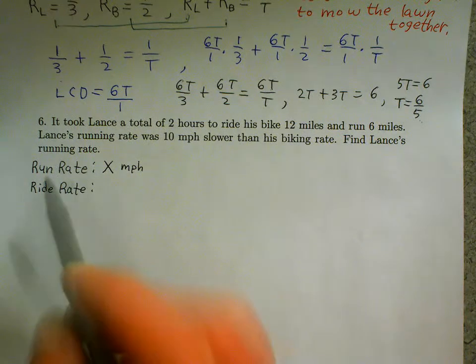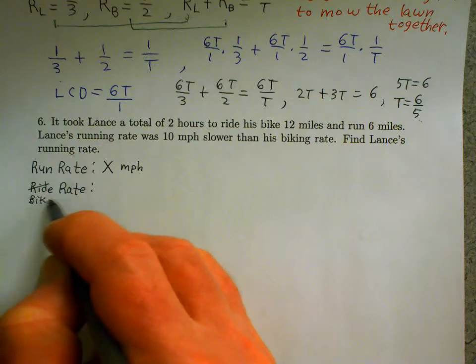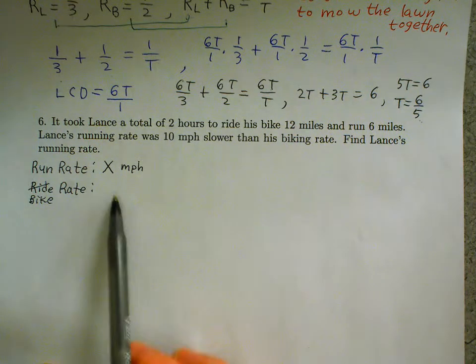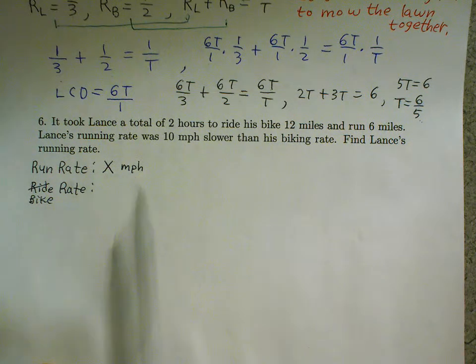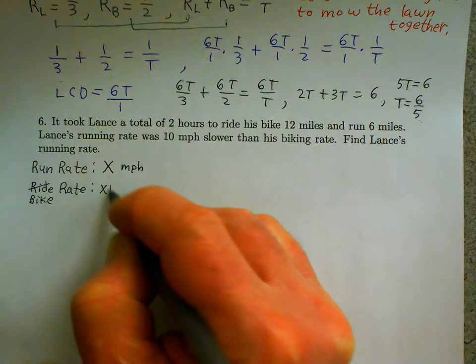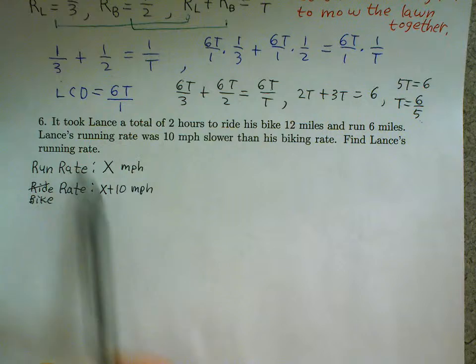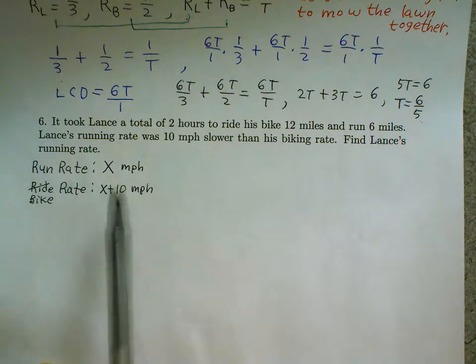So I guess I should write bike rate, but you know what I mean? So if the running rate is x miles per hour, what's the bike rate? x minus 10. Well, the bike rate is faster. x plus 10. Yeah, x plus 10 miles per hour. The run rate is 10 miles per hour slower than the bike rate.